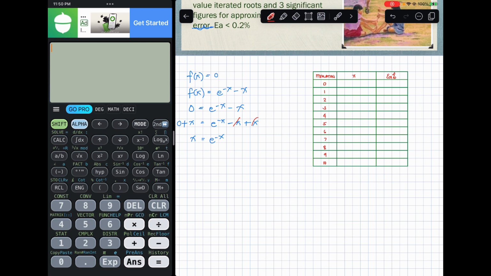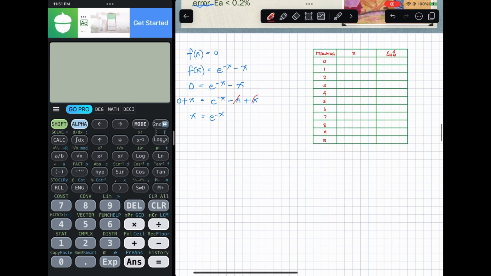Now we have our equation: x equals e raised to negative x. In finding the root for x, we substitute our initial value. This will be our formula: x of i plus 1, the next value, equals e raised to negative x of i, the previous value.